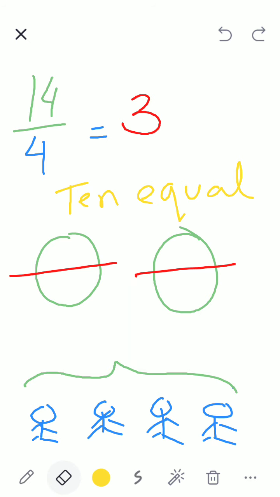So I will divide this into 10 equal pieces. So how many pieces will I get? Here I'll get 10 and here I'll get 10. Correct?